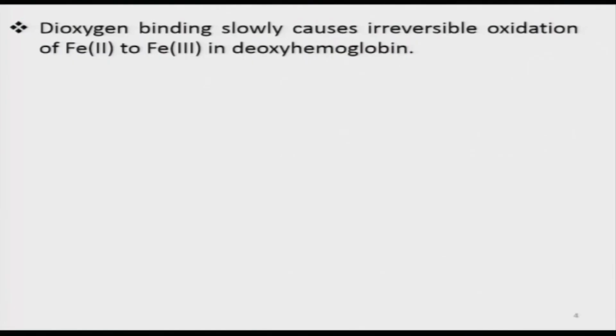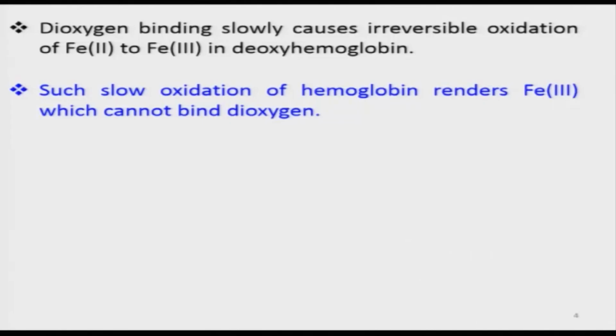Now, this dioxygen binding slowly causes irreversible oxidation of iron 2 to iron 3 in deoxyhemoglobin. Once they go through too many cycles, the iron center slowly gets oxidized. This slow oxidation renders iron 3, which can no longer bind dioxygen.